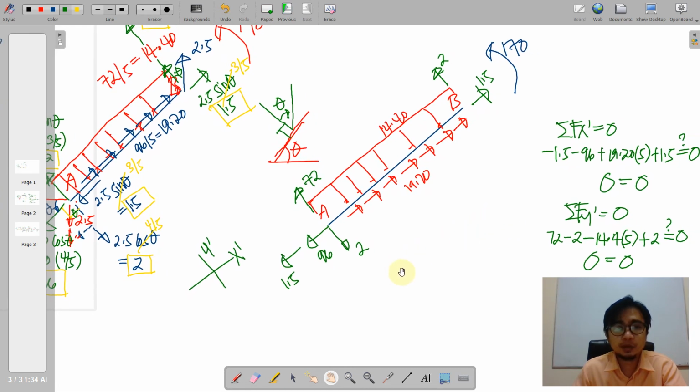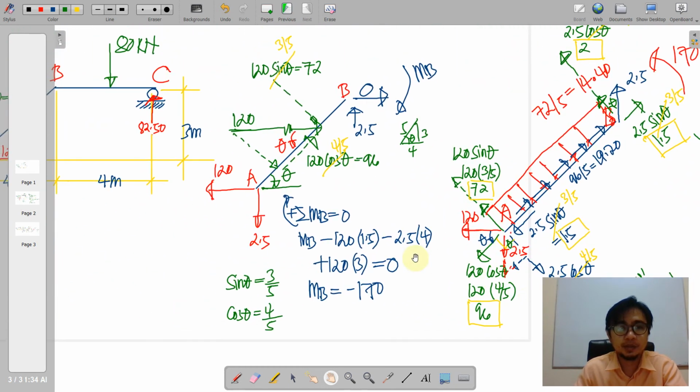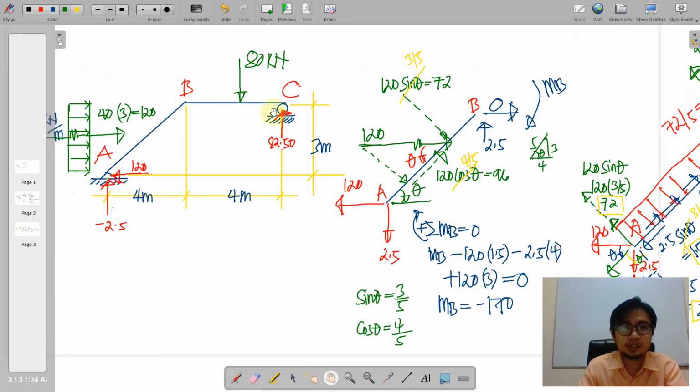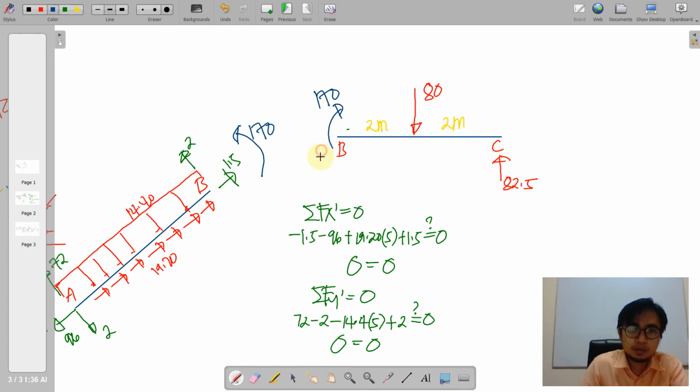We now proceed to the horizontal member BC. As we can see here, we have 80 in the mid portion of BC with the 4 meter distance here and the 82.5 reaction. So we have here the external forces 80 and 82.5. Also, we reflect 170 and the resultant components of 2 and 1.5.